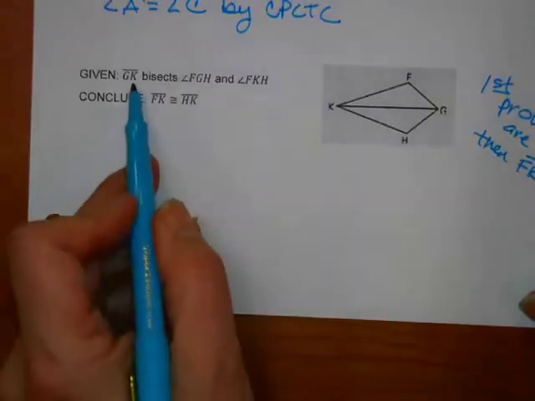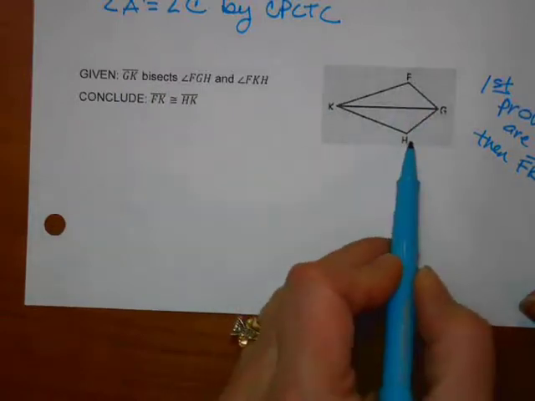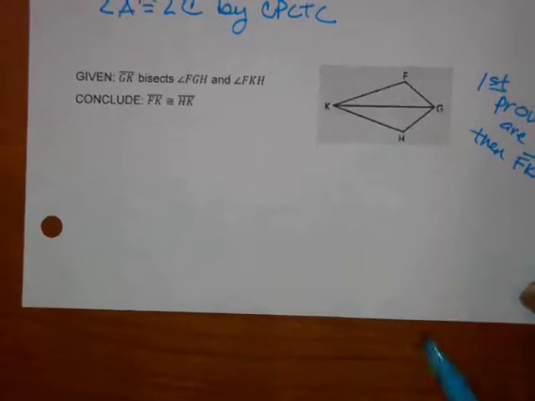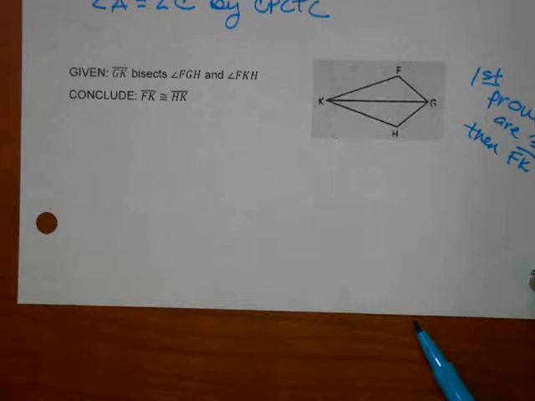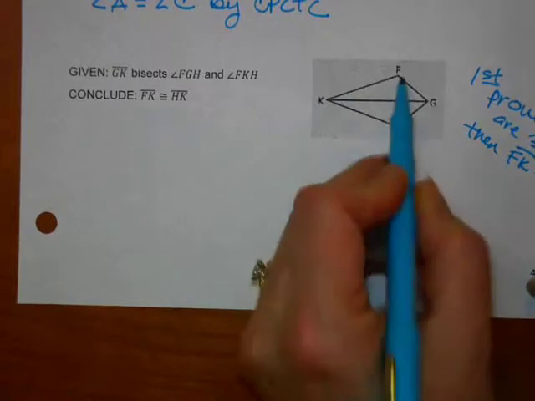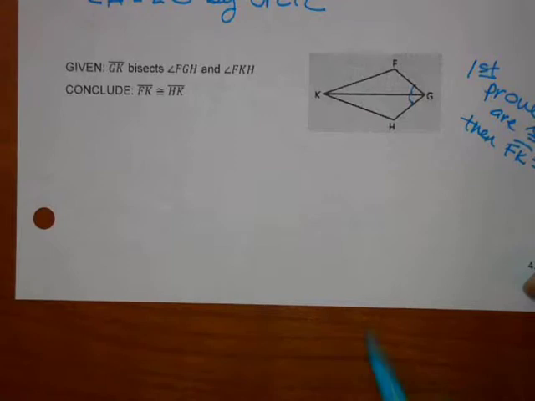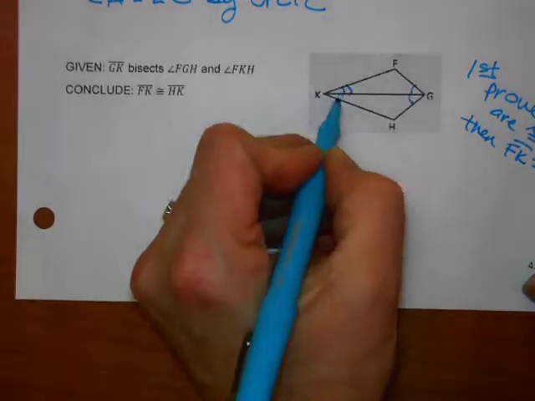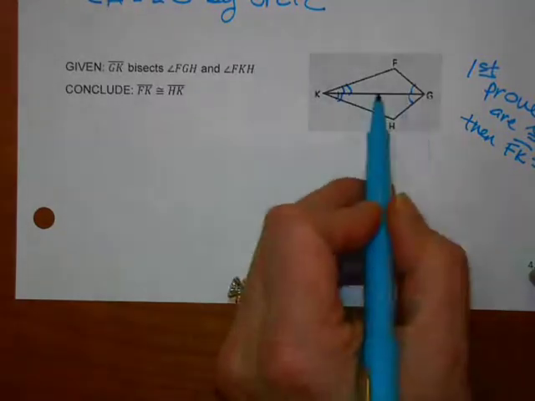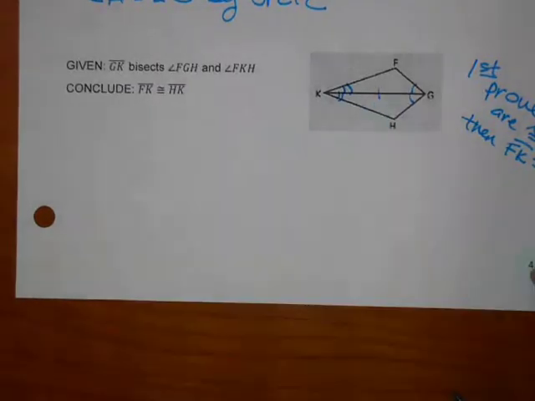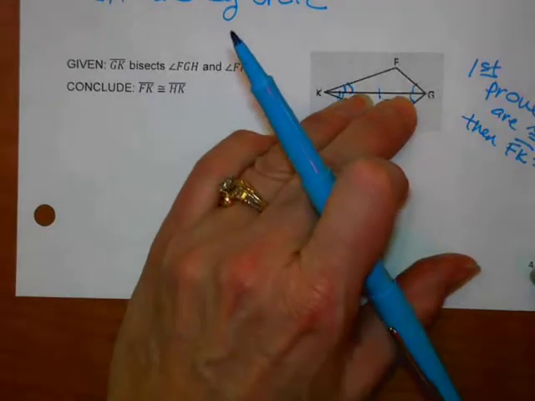We were told that GK bisects angle FGH and angle FKH. What does that do for me? The angles are congruent. If this bisects this angle, then that's congruent to that, correct? And it bisects this angle, so this is congruent to that. And then we know that this is congruent to itself, correct?